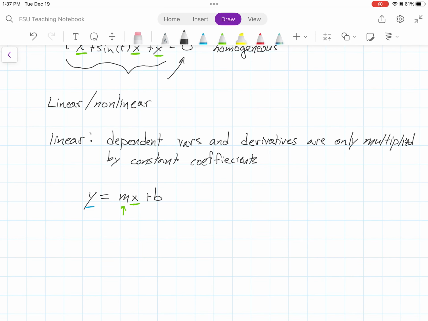So in general, for a differential equation, you can say that some constant c0 plus some constant c1 times x plus another constant c2 times x dot plus another constant c3 times x double dot equals 0, or it doesn't have to equal 0. It can equal some function of t. This equation is linear in x because each time x appears, or x dot, or x double dot, and so on, it is only multiplied by a constant.